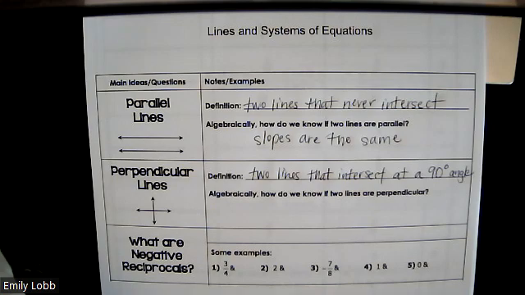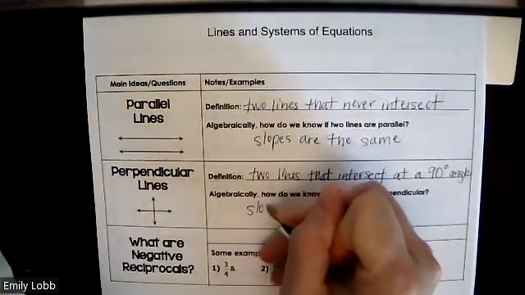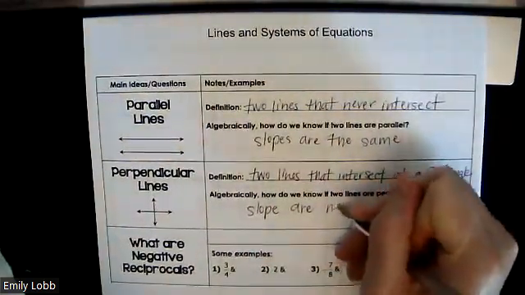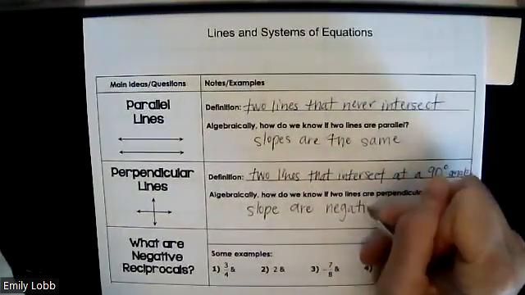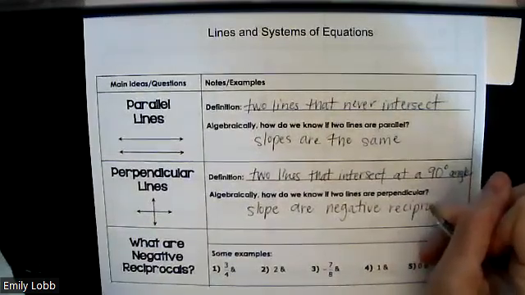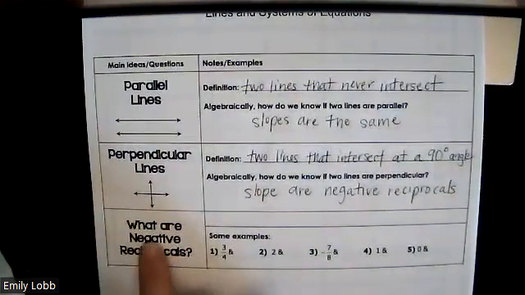Algebraically, we know that their slopes are negative reciprocals. They wrote it right here big for us.